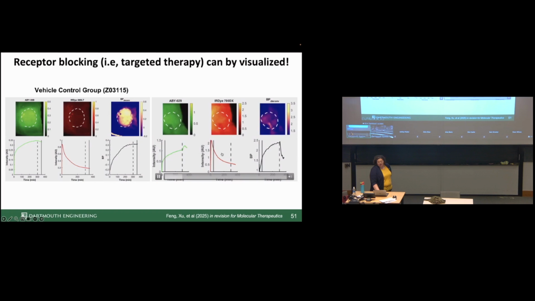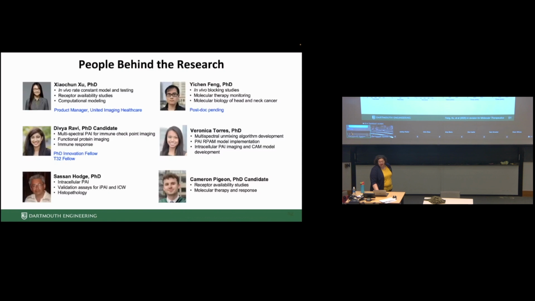But on the right-hand side, if you watch this tumor right here, as soon as we hit this blocking agent, you can see that the signal in the tumor starts decreasing. And so really what we're imaging here is a therapeutic agent binding to its receptor of interest in real time in a mouse.